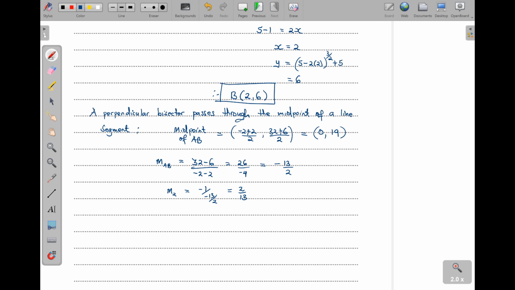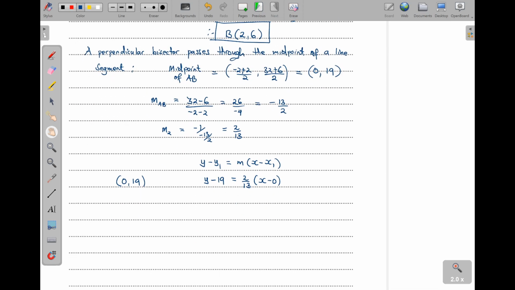Then after that, we can now use y minus y1 is equal to m into (x minus x1). Remember, when we are finding the equation of a straight line, we need to get at least one point through which a line passes and the gradient. So a point this line passes through is (0, 19). And then the gradient is 2 over 13. So we have y minus 19 is equal to 2 over 13 into (x minus 0).